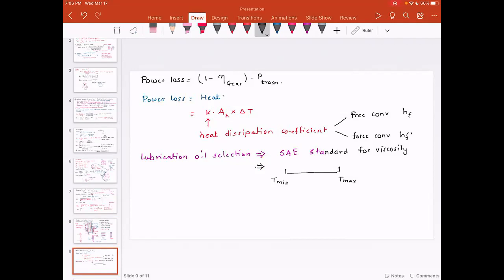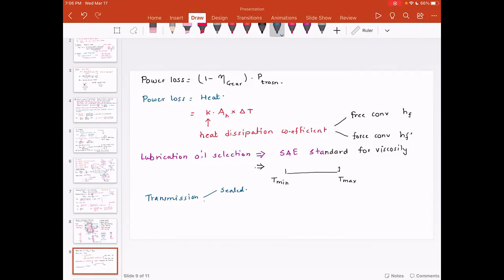And many a times when you design, you have to see whether you are designing the gearbox so that the oil needs to be periodically replaced or that the gearbox is sealed. So this is something like automotive transmission. Some transmissions are sealed, which means the oil that is used for lubrication will last for the lifetime of the transmission.